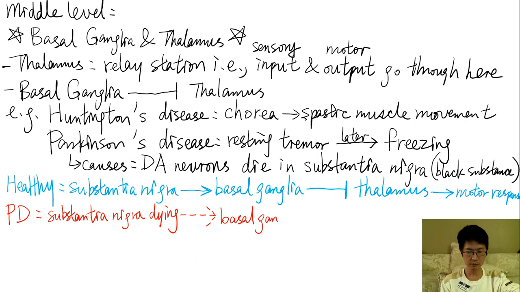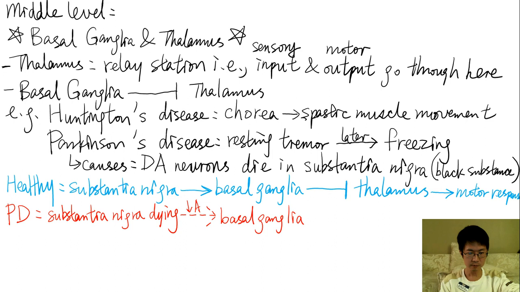When the basal ganglia do not receive enough excitatory input, that means you have less action potential.